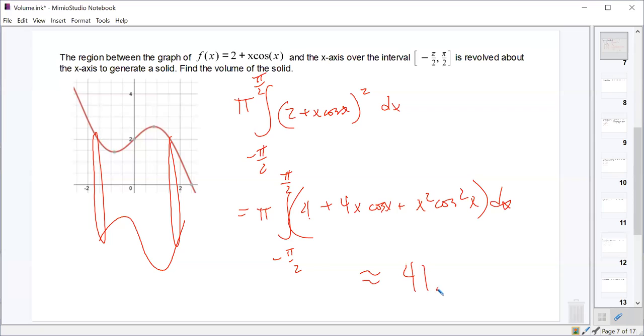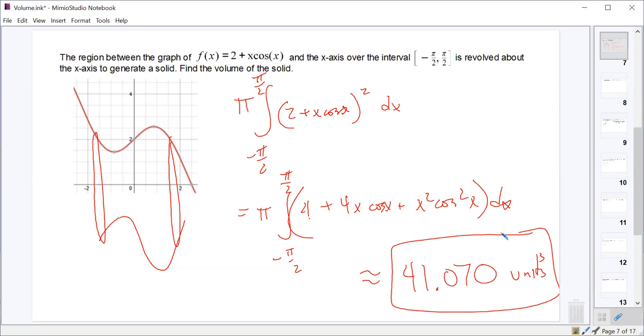Sorry, I didn't see those in the chat there. 41.070 units cubed. Everybody good with that? Yep. All right.